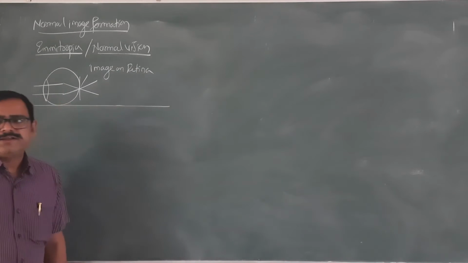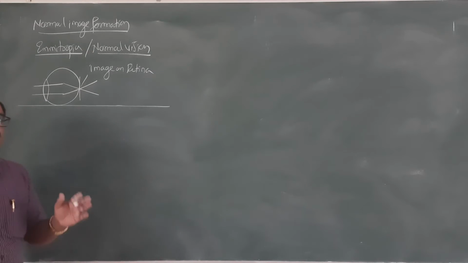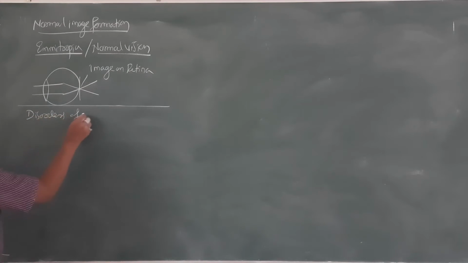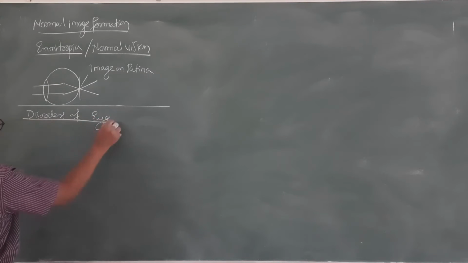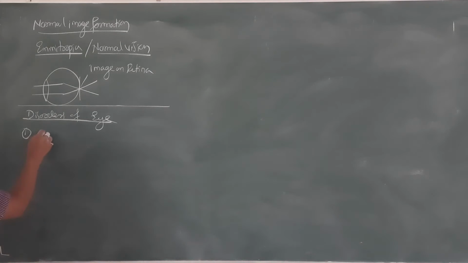Now there are certain eye related disorders as such. Number one, let me mention, disorders of the eye. Number one, it is called mainly myopia.